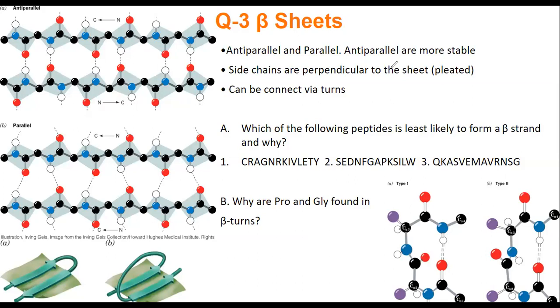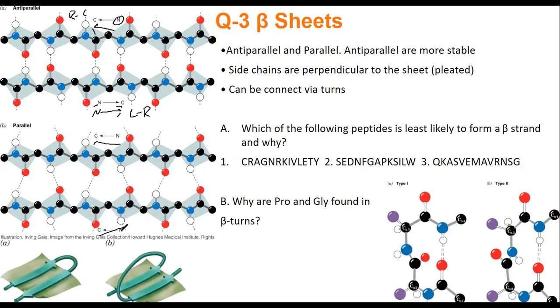If you look at the top strand of the anti-parallel picture, the N terminus is right here and the C terminus is going that way, so it's going from right to left, while the other strand is going the opposite direction, left to right. For parallel, the N and C terminus are going in the same direction. Here they're both going right to left, or they could both be going left to right. What matters is that they're going in the same direction.